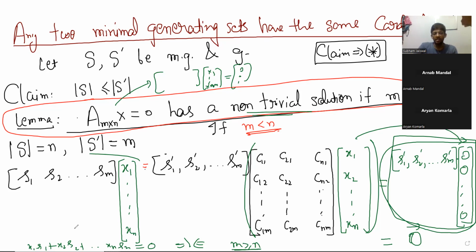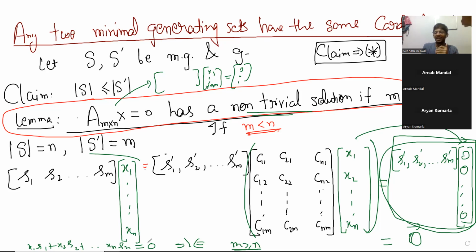And the left hand side is this combination x1 S1 plus x2 S2 plus xn Sn equal to 0. But S1 up to Sn is a minimal generating set, and a minimal generating set is, by your homework, a linearly independent set. So it cannot happen.